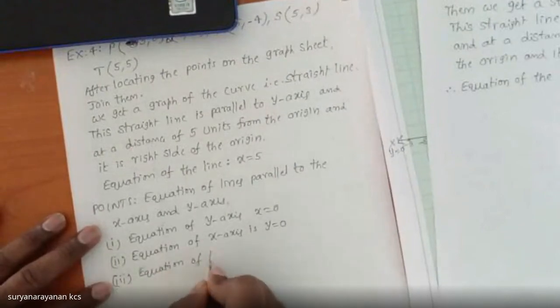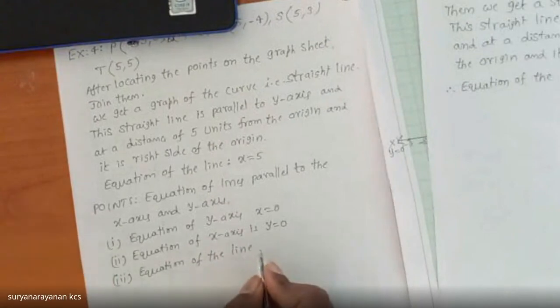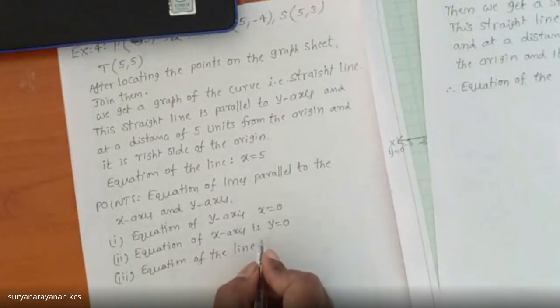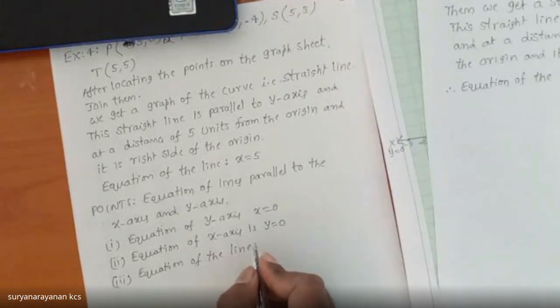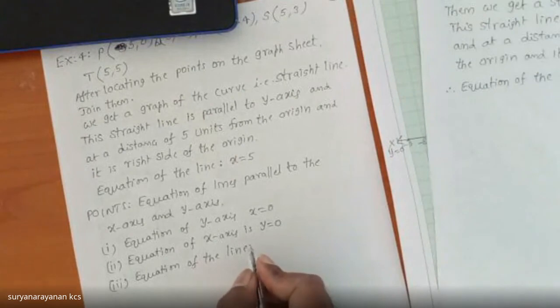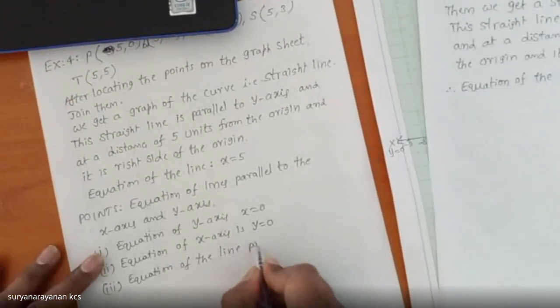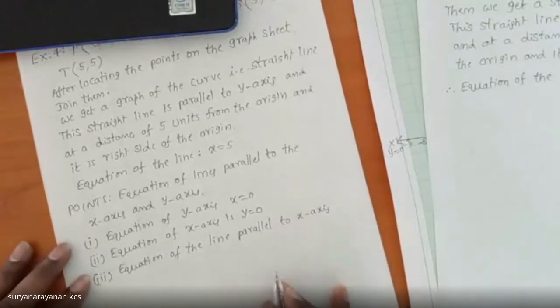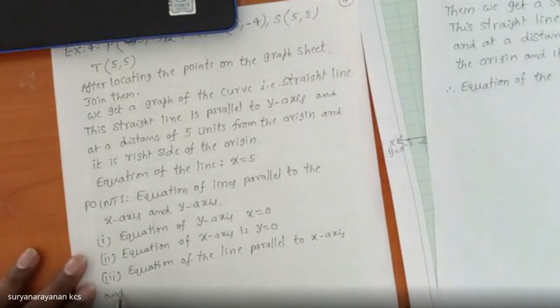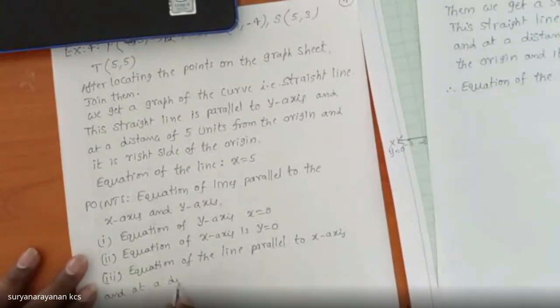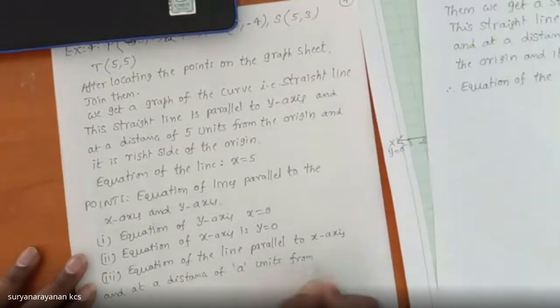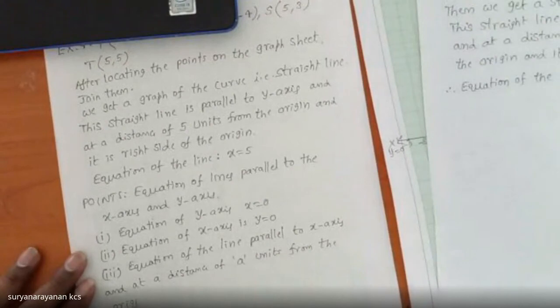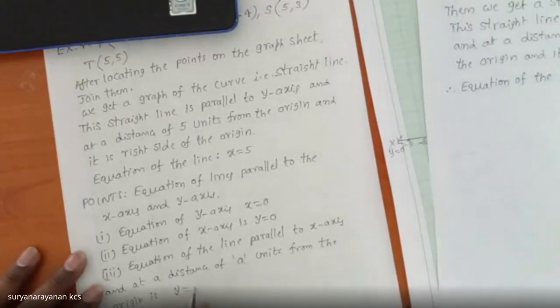Next point, the equation of the line parallel to the x-axis and at a distance of a units from the origin is y is equal to a.